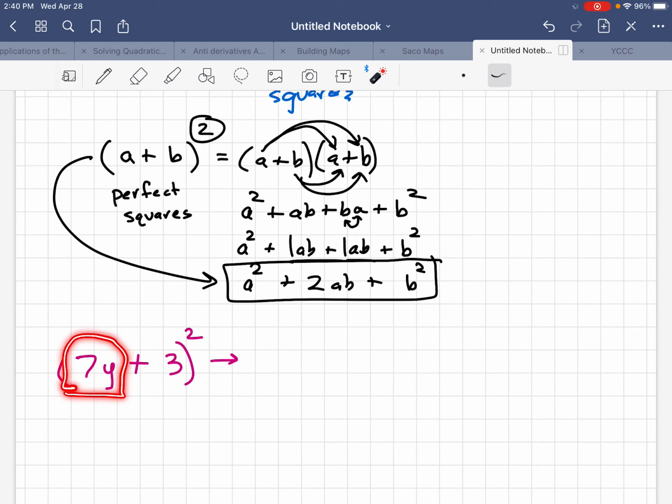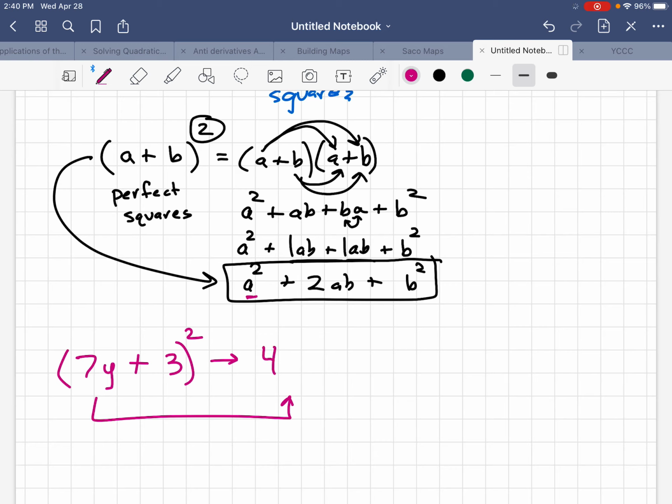I'm going to take this, which represents a, and square it. So 7y squared is 49y squared. Square the 7, square the y. I'm also going to take the 3 and square that, leaving a lot of space for the middle term.